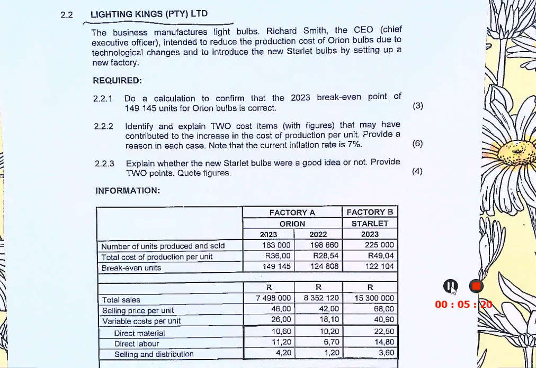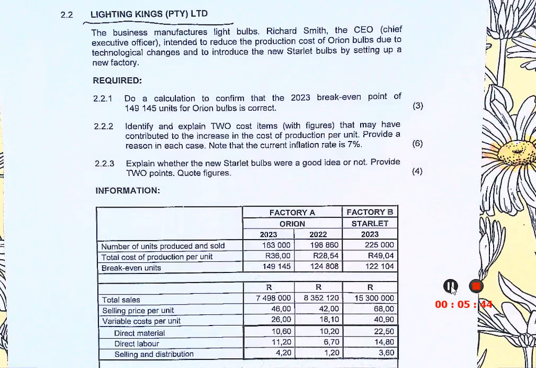Okay. He intended to reduce the production cost. What is the production cost again? It is direct material, direct labor, factory overheads. That's your production cost. Okay? Of Orion bulbs due to technological changes.